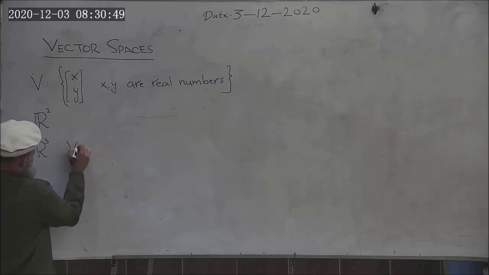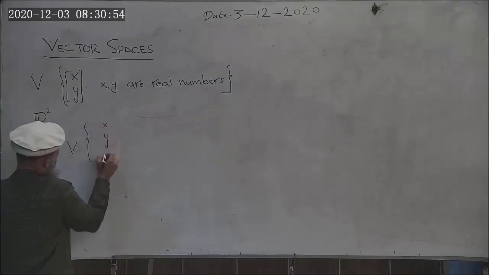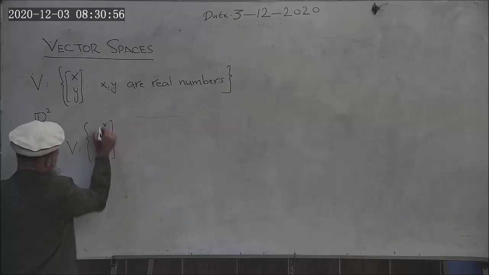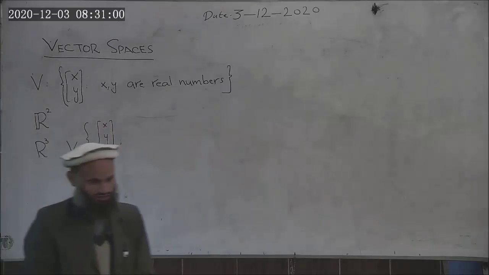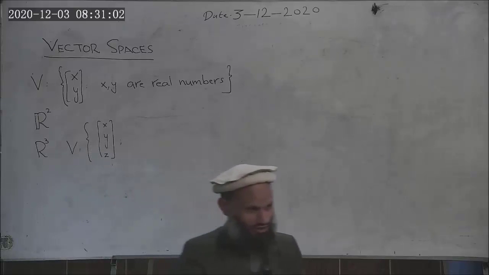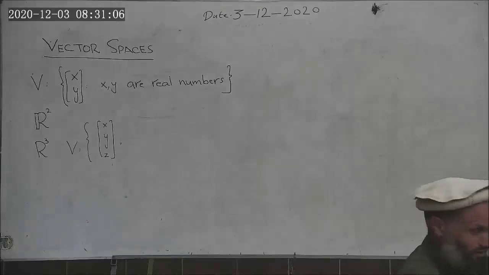R3 is a vector space with x, y, z such that x, y, z are real numbers. Similarly, R4, R5 and the same concept to Rn.